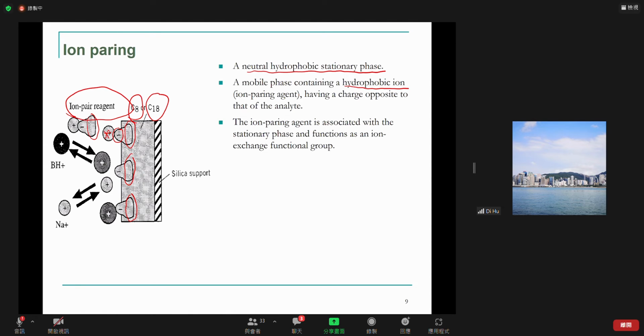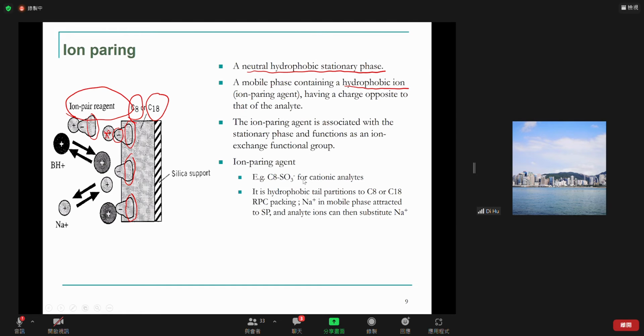It becomes a pseudo negative charge, because it's not real, but it looks like that. Then you attract the metal based on electrostatic interactions. So there are two mechanisms, as I mentioned before. Here the ion pairing agent associates with the stationary phase and functions as an ion exchange functional group. This is the second mechanism we mentioned earlier.